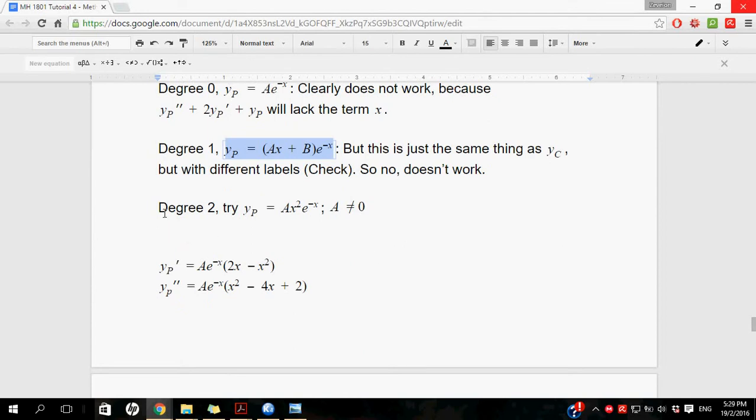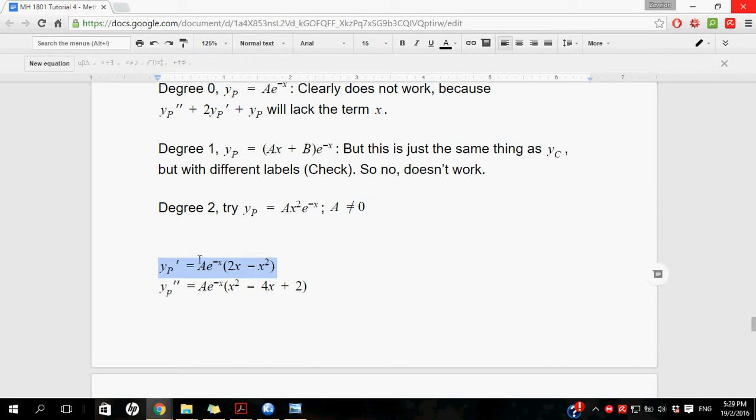So that means we should start from degree 2 and try yp of this nature: A times x squared, because we don't need any linear terms associated to e to the minus x, and of course we have to assume here that a is not equal to 0.